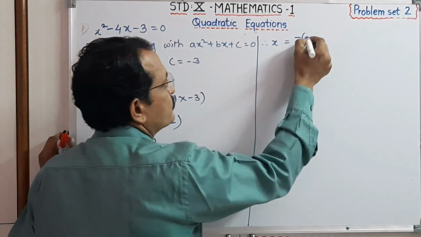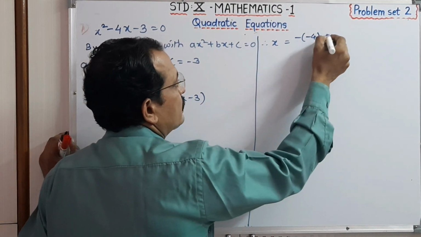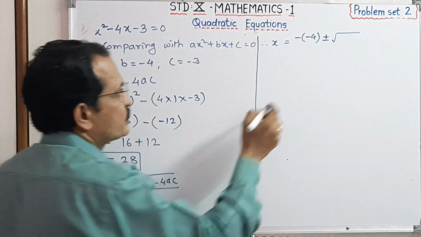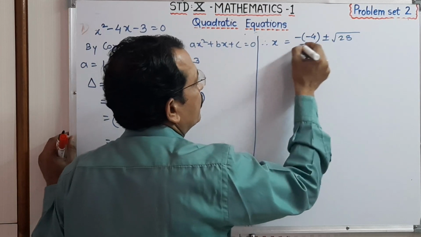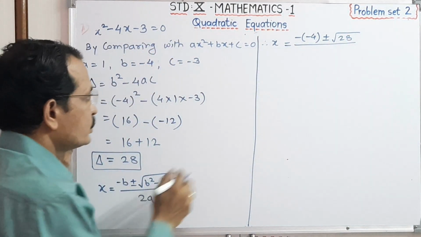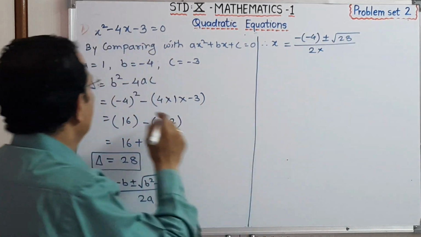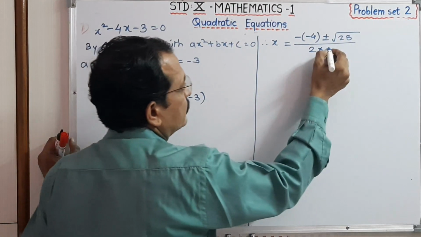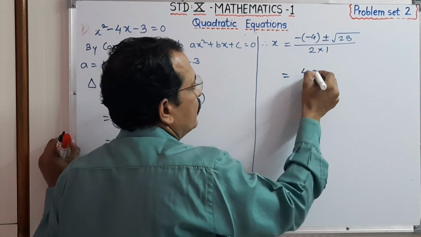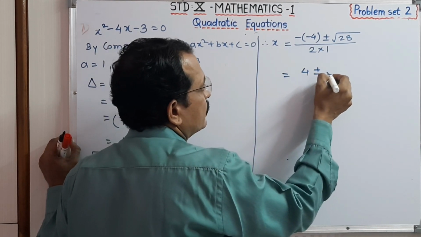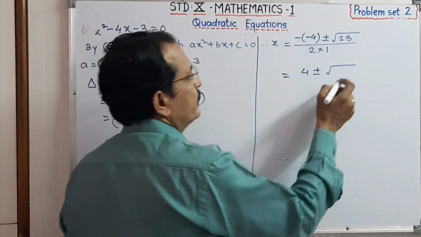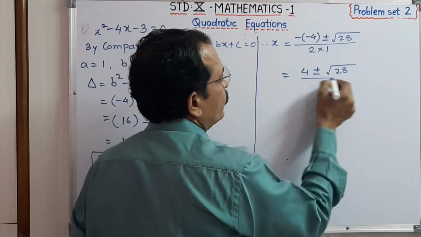B is minus 4 plus minus under root, it is 28, and here it is 2 into a is 1, minus minus, it is 4 plus minus under root. Now dear student, it is 28 upon 2.